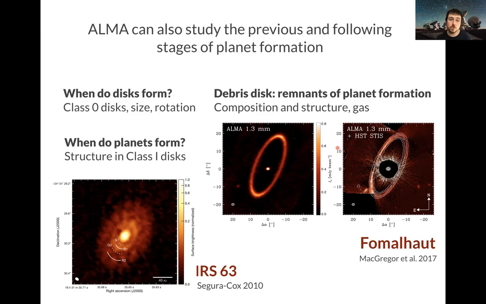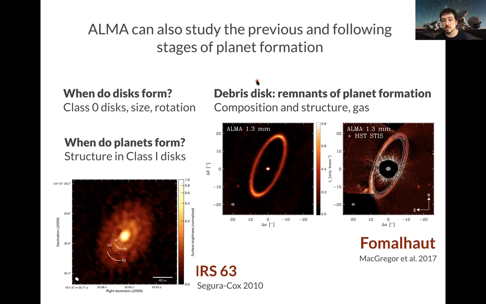So we can go to younger objects. This is an example of a class 1 disk. This is 0.5 million years old. And in this case, they were already able to detect a system of rings and gaps that may be formed by planets. And also you can go to the later stages, debris disks, which are the remnant of the planet formation process.